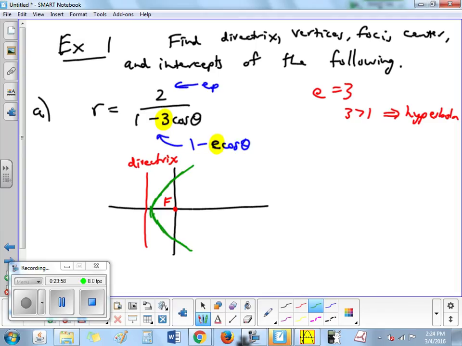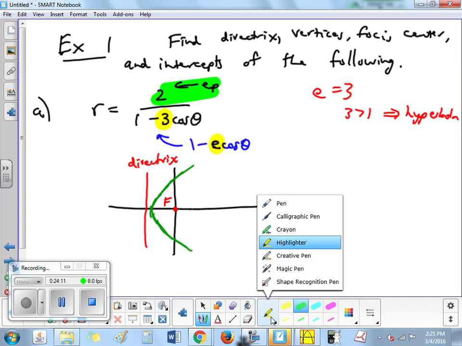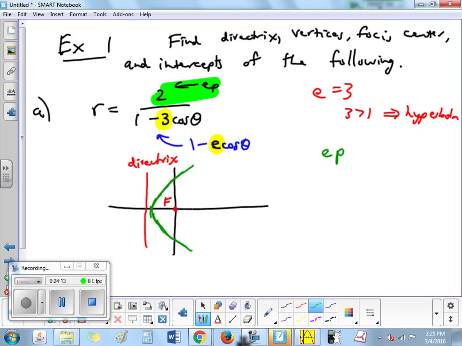So we just learned that E was 3. But look at the numerator. We also know EP is 2. So if EP is 2 and E is 3, then 3P is 2.